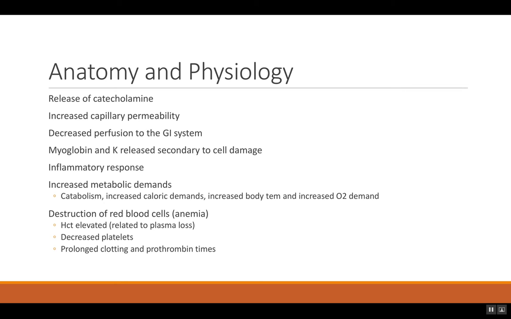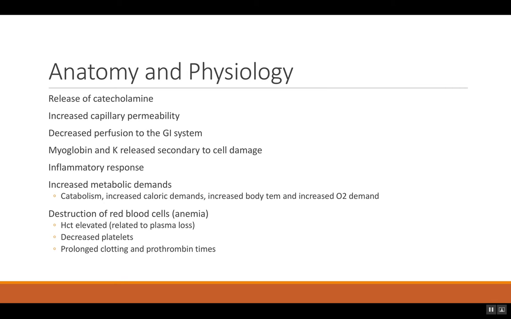Edema is basically going to be anywhere. A lot of times the patients are going to look like they're in fluid overload, but they might actually be hypovolemic, especially in the emergent phase of a burn. The decreased perfusion will also sometimes affect the GI system.